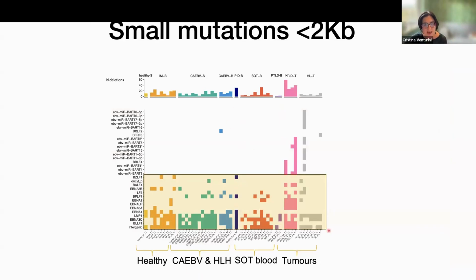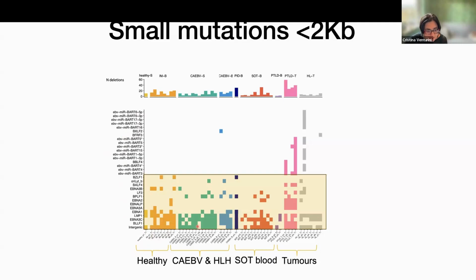So just to give you a little bit more detail about this study, when we look at the small deletions, on the y-axis you can see the different genes and the different parts of the BART microRNA. On the x-axis, we can look at the healthy and the mononucleosis cases.